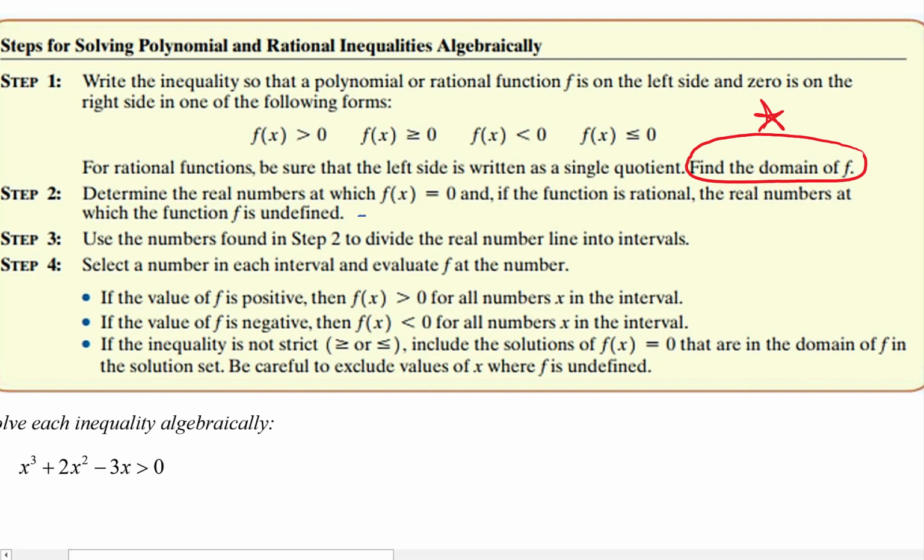Sometimes people call them critical values, or some people call them critical points. We're going to call these real numbers critical numbers, or values.